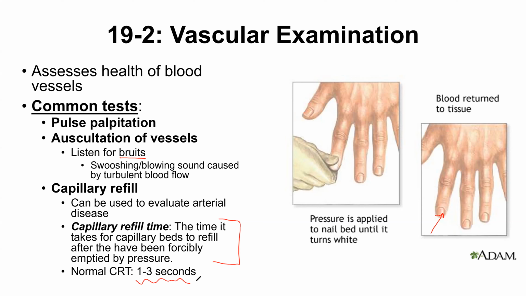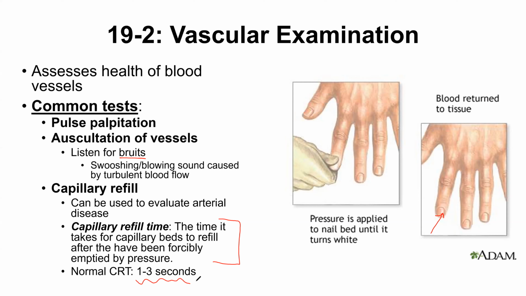And this is just assessing all of the vessels basically proximal to that particular nail bed. So if we're talking about our fingernails, that would assess the health of the vessels from basically the tips of our fingers all the way up to the aorta, if you will.